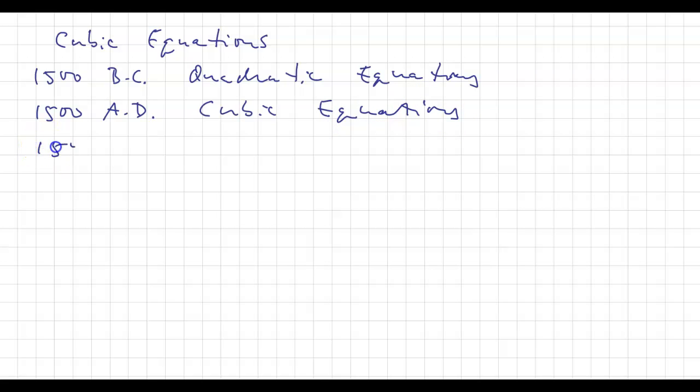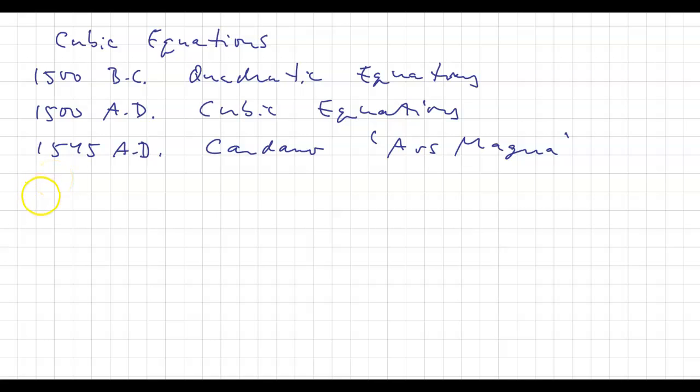In the year 1545, a man named Cardano published a book called Ars Magna, in which he showed how to solve cubic equations and even put in how to solve quartic equations.